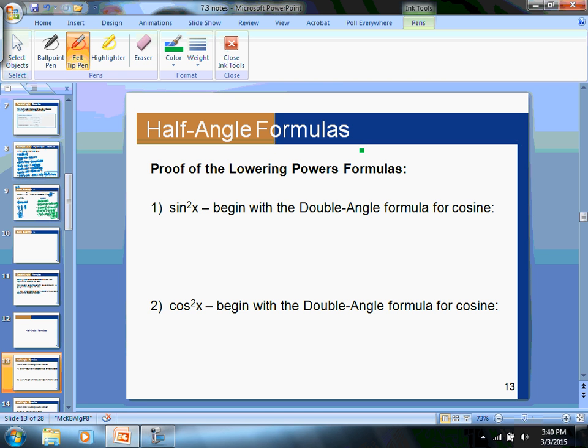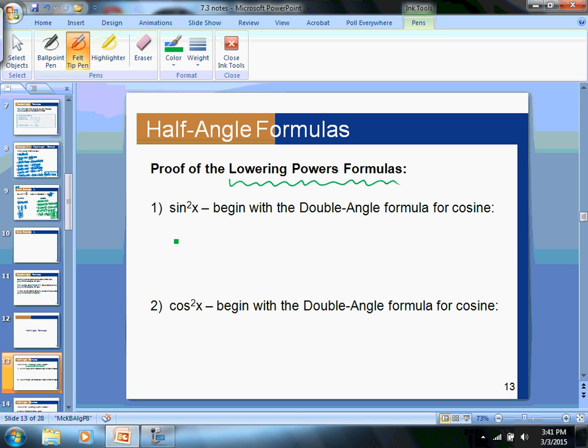But these are going to be the lowering powers formulas. So this is how you can rewrite sine squared x as something without a squared, or cosine squared x as something without a squared. Okay? And they connect back to our double angle formulas. So there's a lot of going back and forth between these different types of formulas.